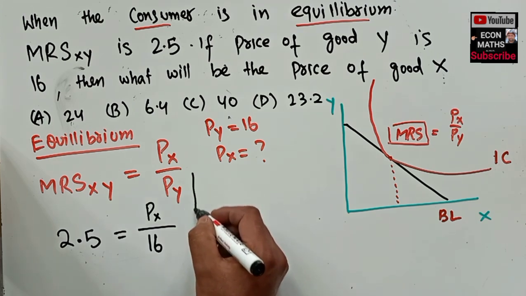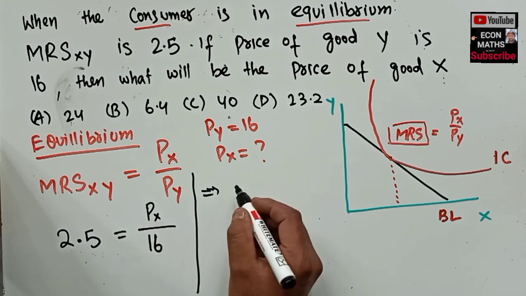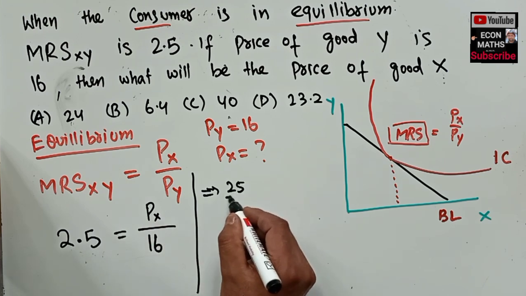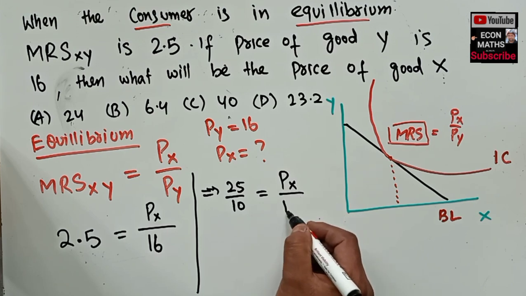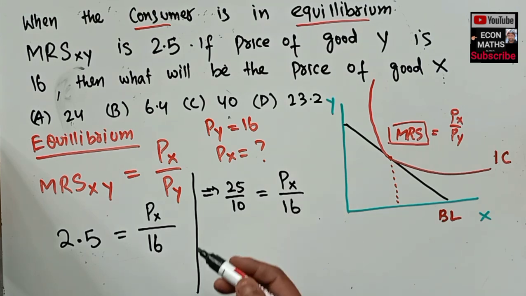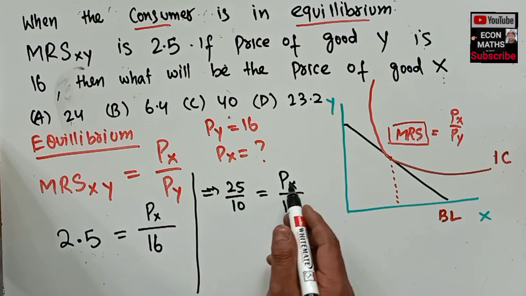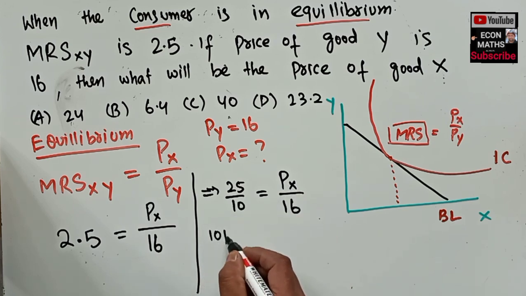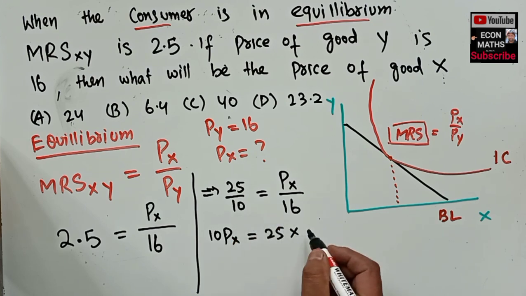Okay, solving this relation simply, we have 2.5 can be written as 25 divided by 10 is equal to px upon 16. Cross multiplying here, okay, so 10 into px is equal to 25 into 16.